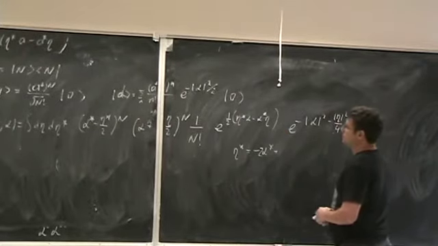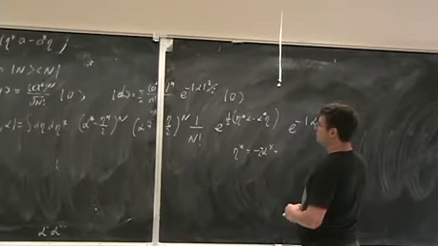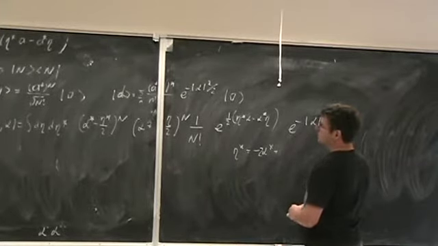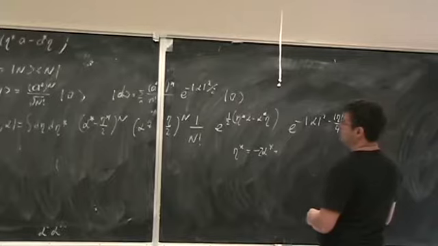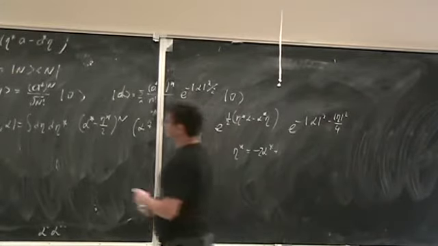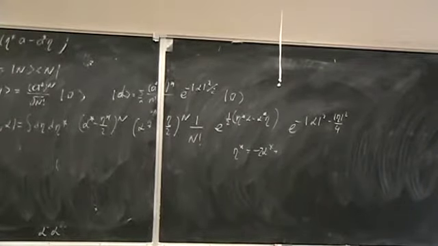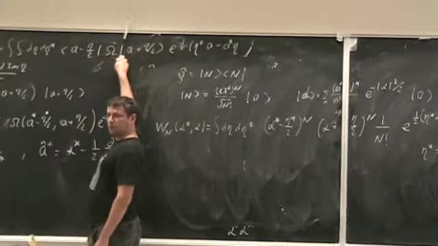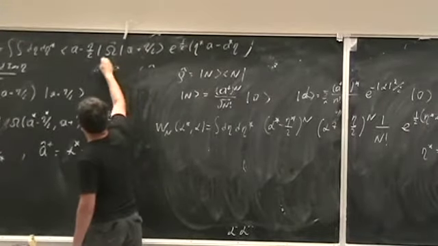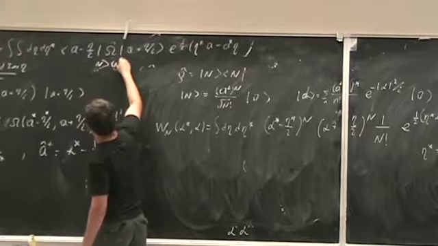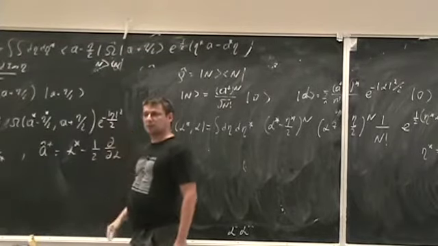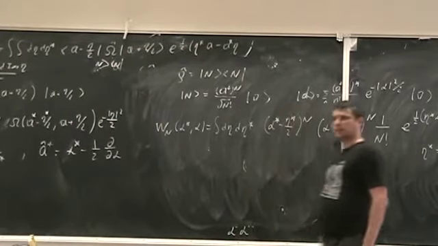No, because there's a difference between operator and density matrix. When I have an operator, indeed I have the overlap of coherent states. When I have a density matrix, I have |n><n|. There's no overlap. So yeah, that's right.